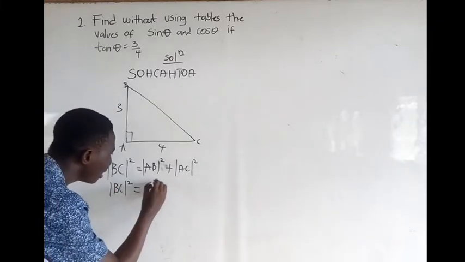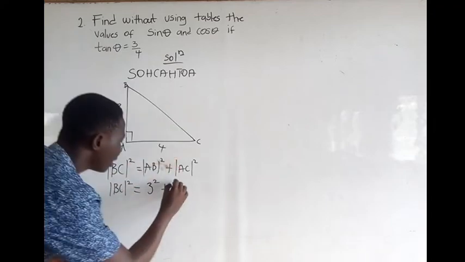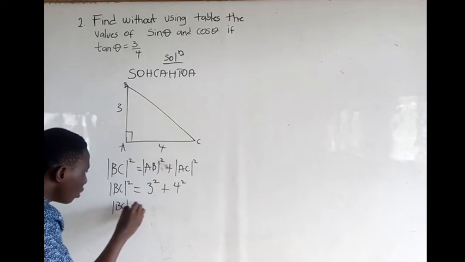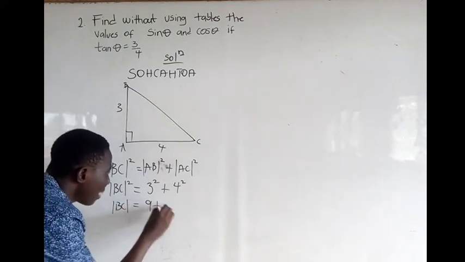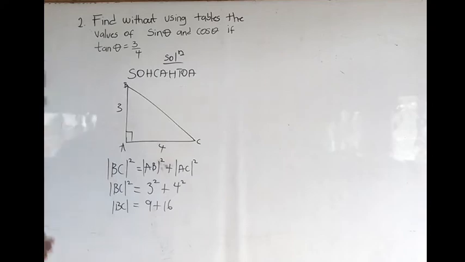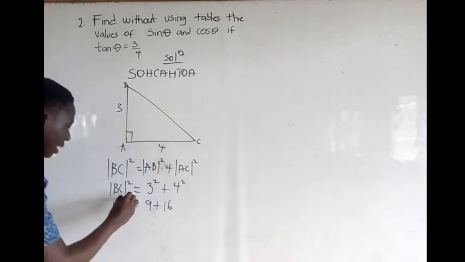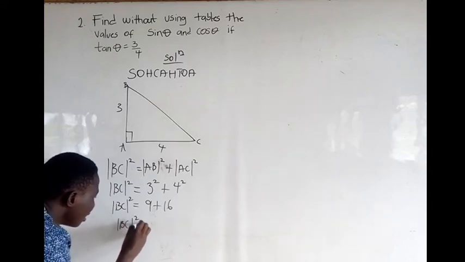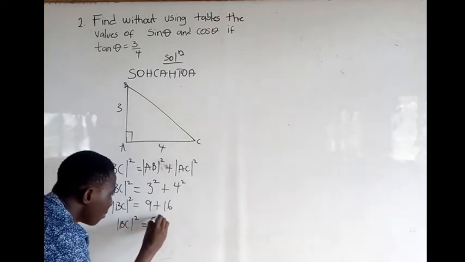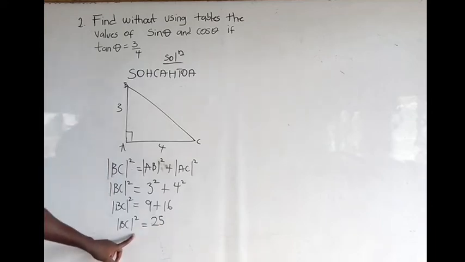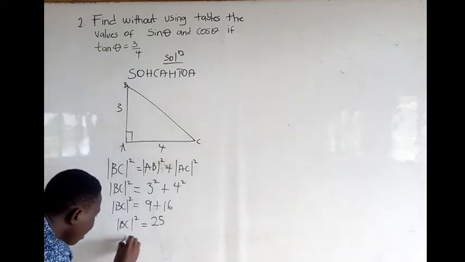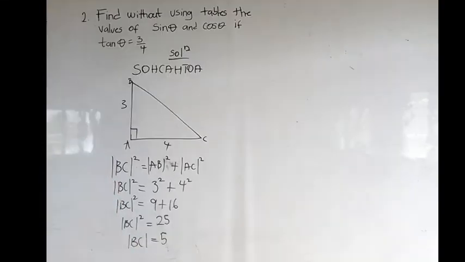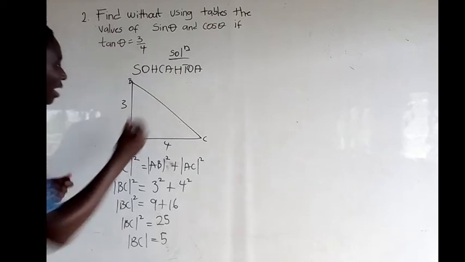So we're going to get 3 squared plus 4 squared. So yes, BC squared is equal to 9 plus 16. And then from here we're going to get BC squared is equal to 25. So when we take the square root over here, we're going to get BC is equal to 5. So this side becomes 5.